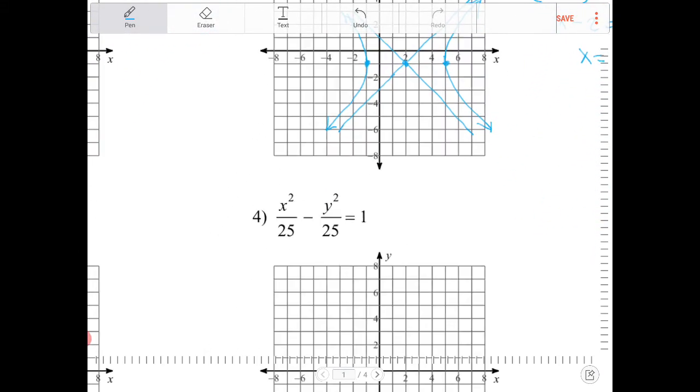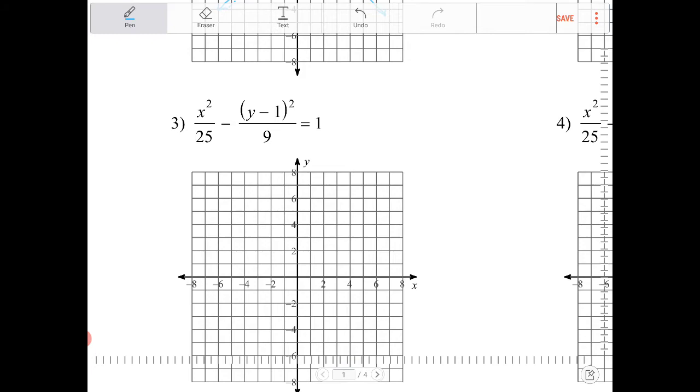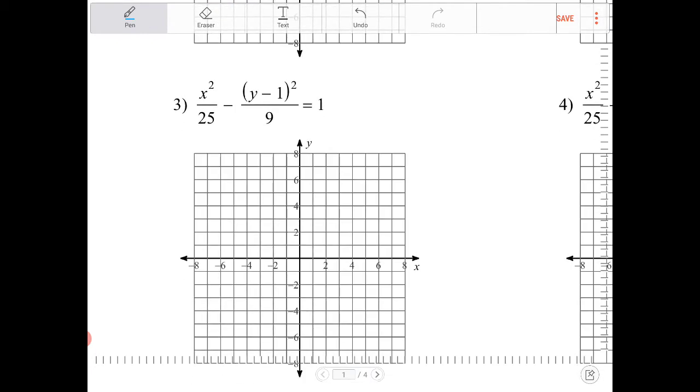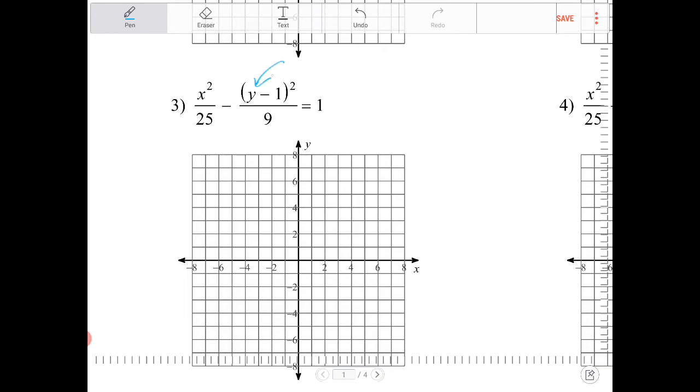Let's take a look at another example. This guy right here. So what I want to do with this, again, is very similar. Rather than pinpointing where the center is, what I can do is figure out where the x-intercepts are first.